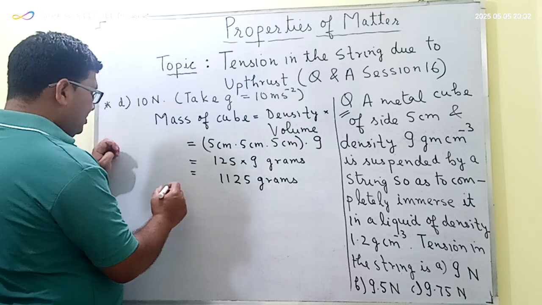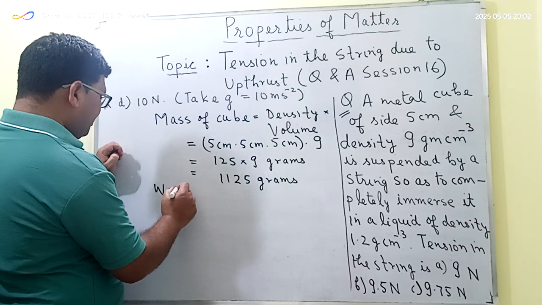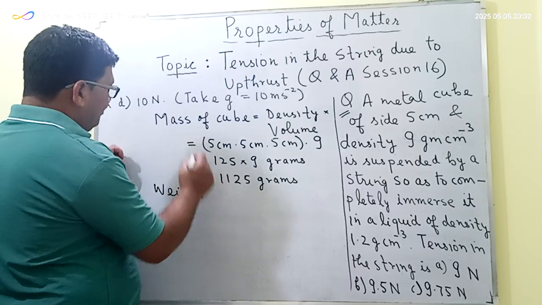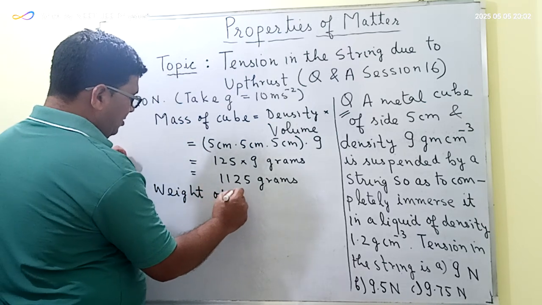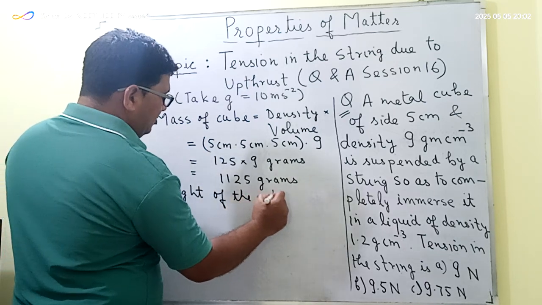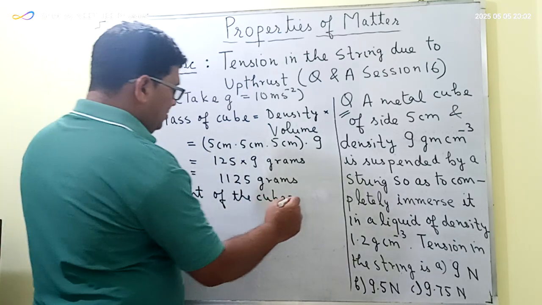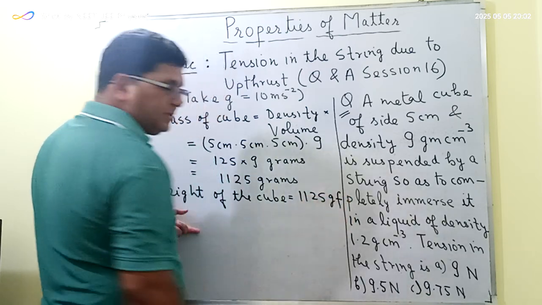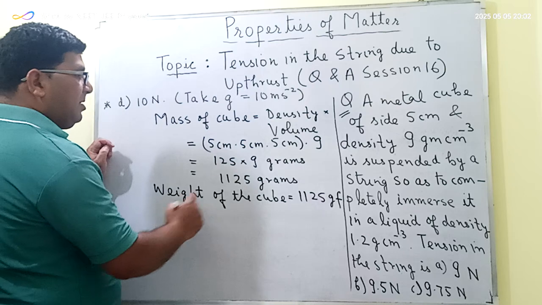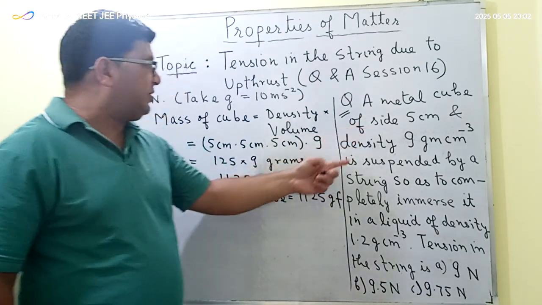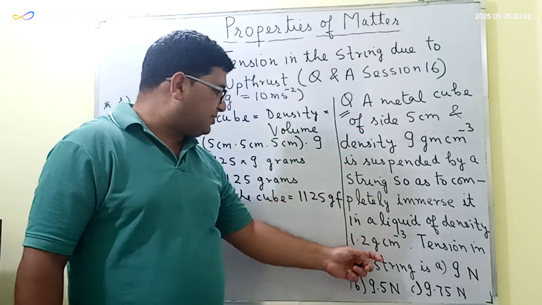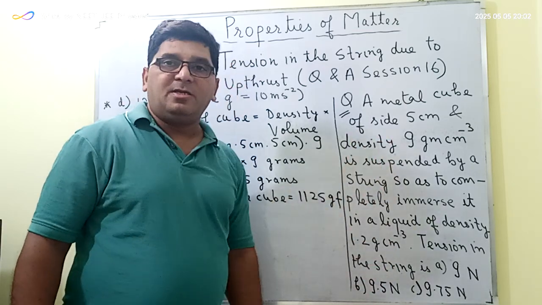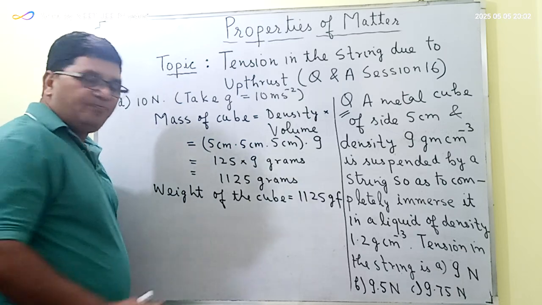So the mass of the cube is equal to 1125 grams. Now the weight of this cube will be equal to 1125 gram force, and since this metal cube is immersed in a liquid of density 1.2 gram per cubic centimeter, this metal cube will be experiencing an upthrust in the upward direction.